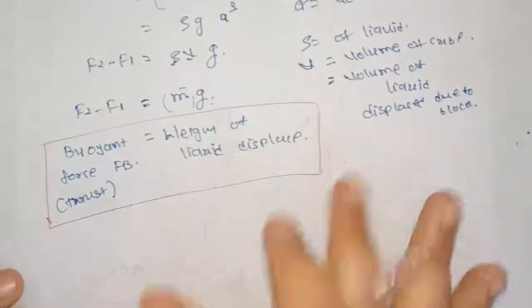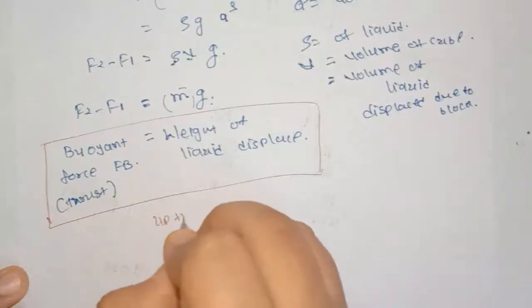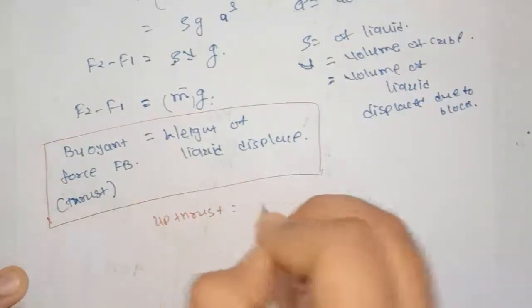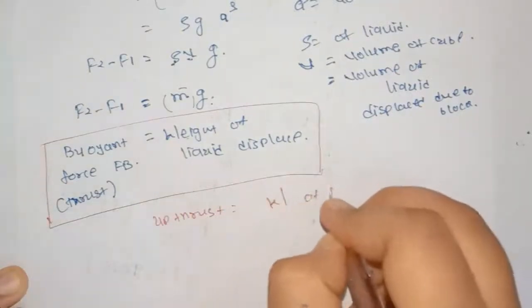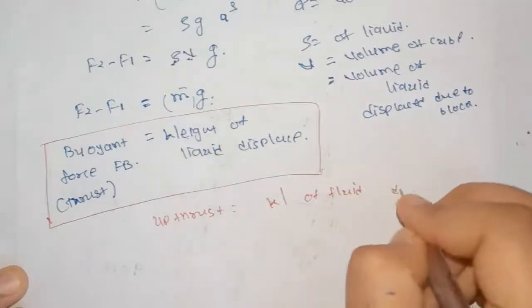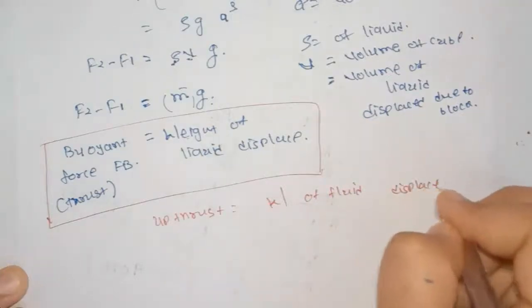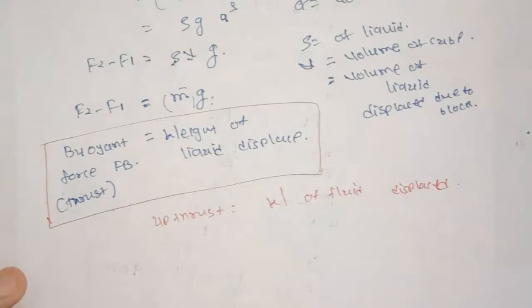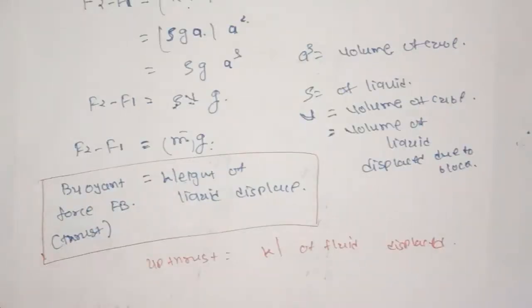So in short, the Archimedes principle is: upthrust is equal to the weight of fluid displaced. Due to this upthrust, the body will have lesser weight in a given fluid compared to air.